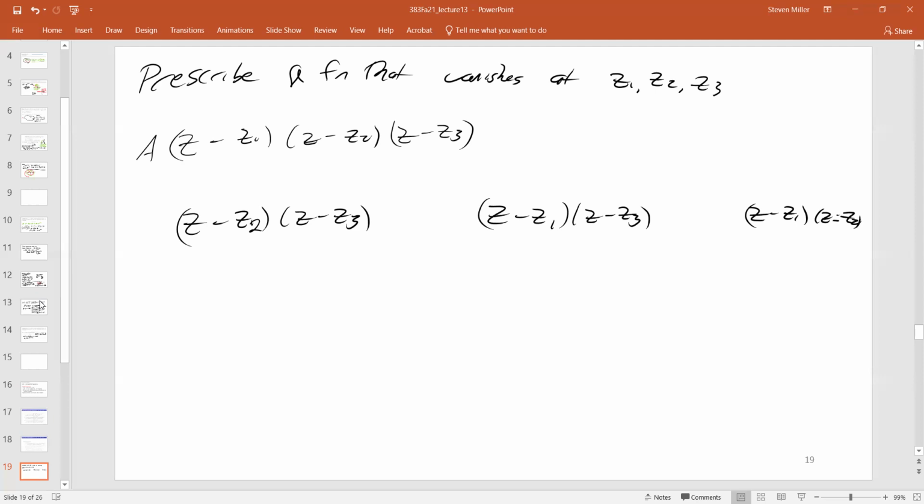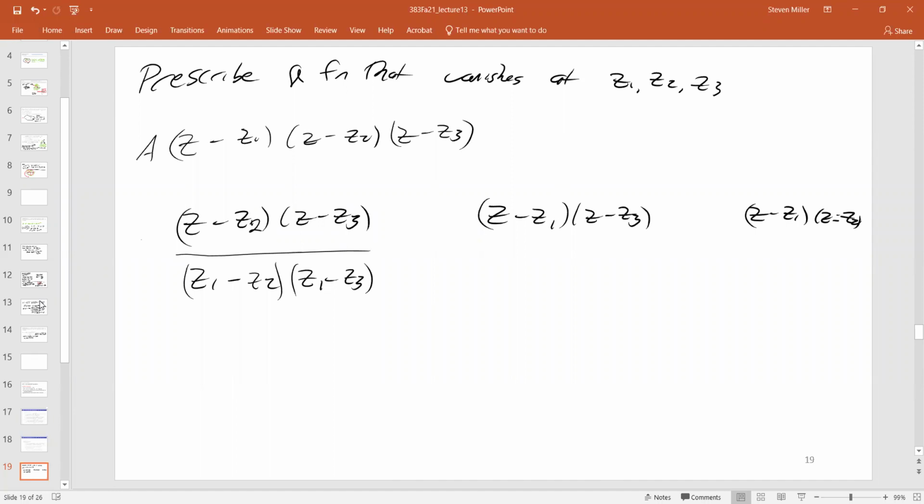And the nice thing is, the first one vanishes at z2 and z3 and is non-zero at z1. So in fact, if I divide by z1 minus z2, z1 minus z3, what does this equal at z1? So what would the first piece equal at z1? It would equal 1.